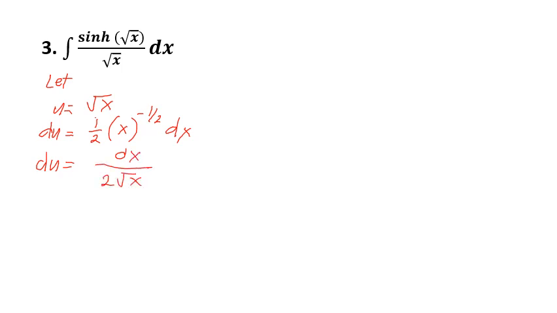So I need to isolate this term, dx all over square root of x, so I could substitute. So 2 du is equal to dx all over square root of x.